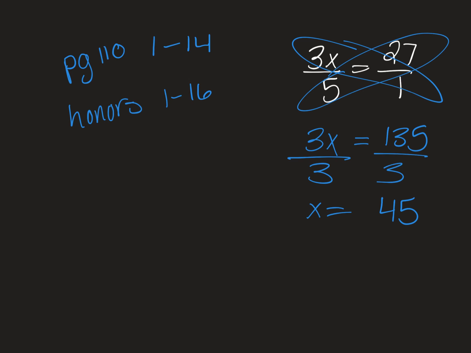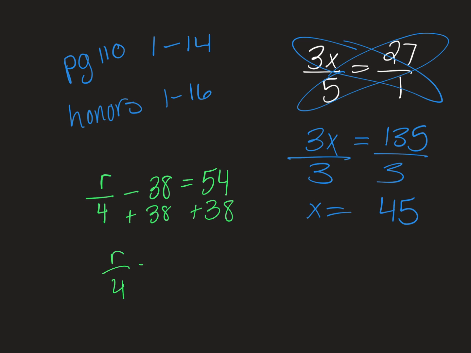All right, on 3 and 4, let's look at number 3. I'll get you partway there and you can finish it from that. So on number 3, you have r over 4 minus 38 equals 54. Your first step on that one is to move that 38 over. It's 92.